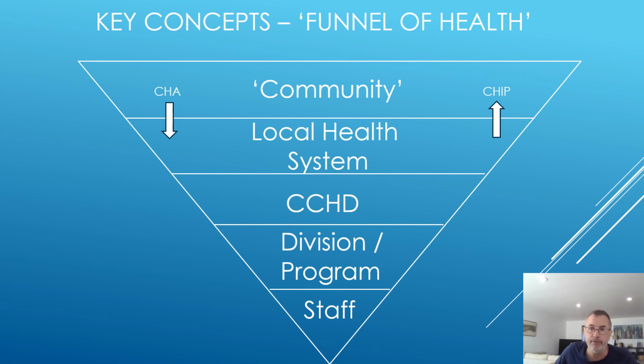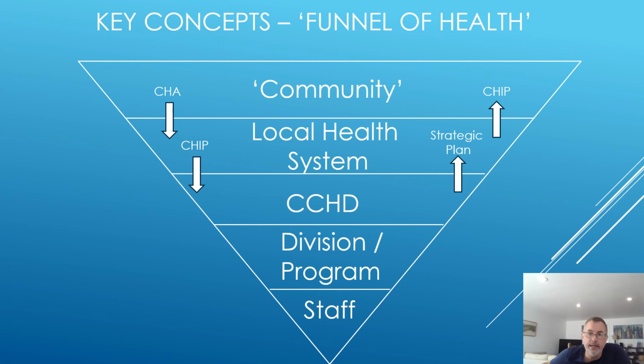and we try to figure out things to do to affect the community's health, the population health, and we create the CHIP. Okay. Now, the Cattaraugus County Health Department looks at that CHIP, and we have roles to play in that CHIP. Okay, there are things that we are essentially assigned to do.